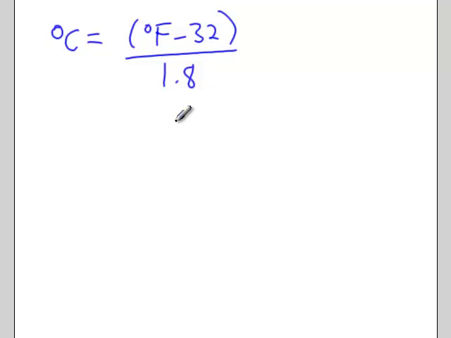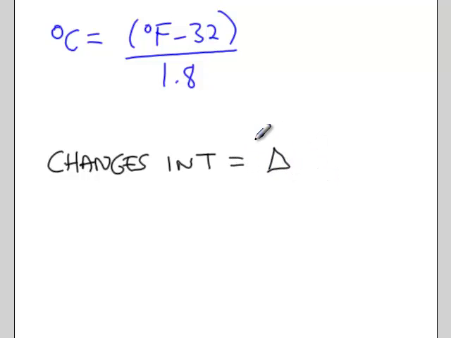Now, in addition to measuring the temperature, we're also going to look at measuring changes in temperature. And in science, change is given by the letter delta, a triangle, so we're talking about delta T's, changes in temperature.